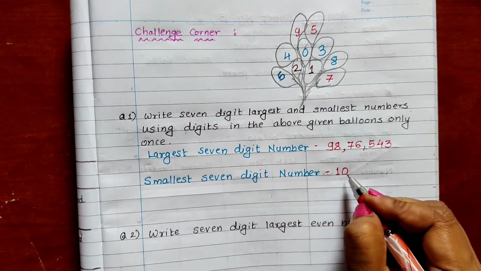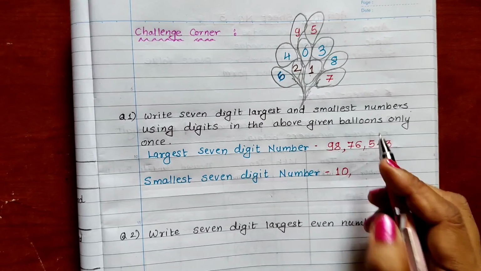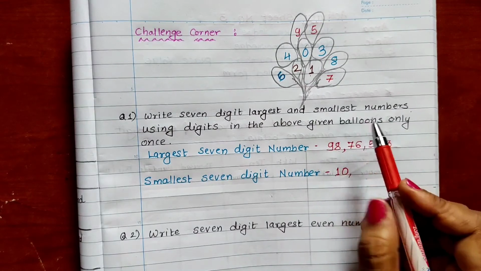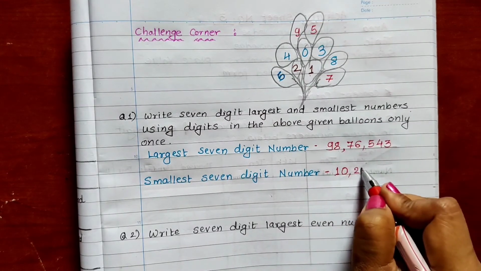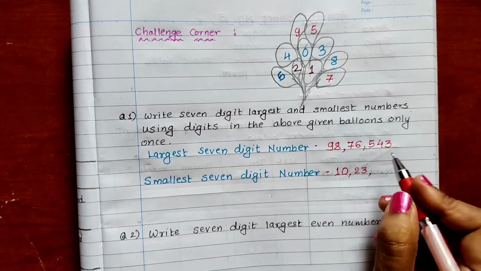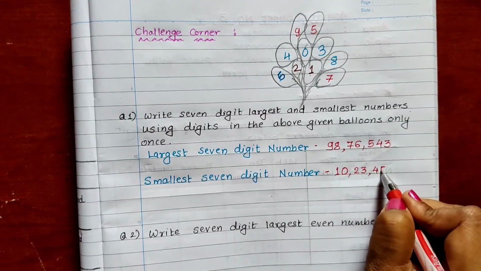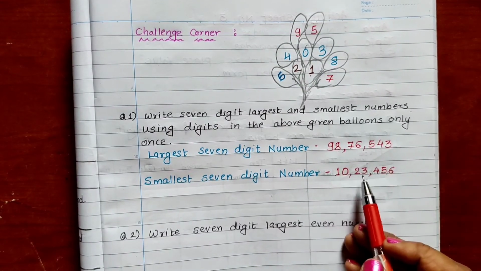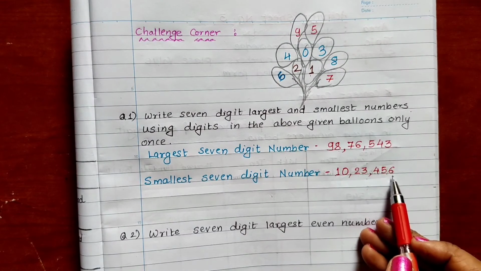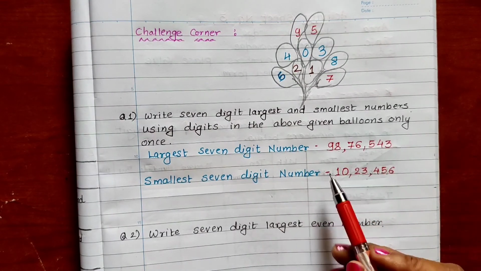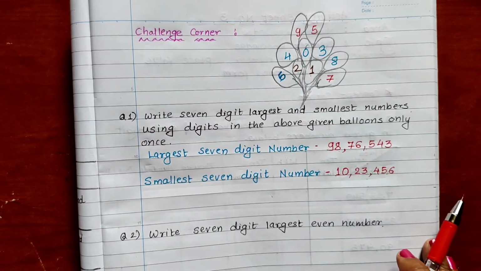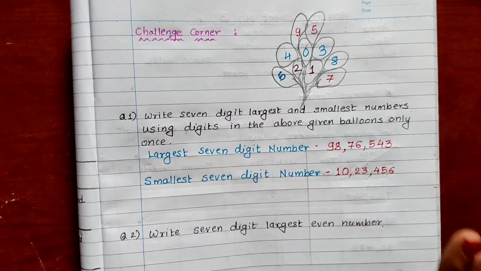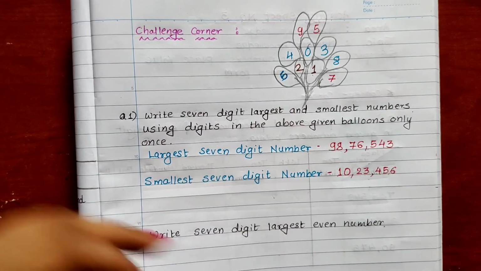Okay. So it is 10. Now after 1 and 0, the bigger number is 2, then 3 and then 4, 5, 6. So 10,23,456 is the smallest 7-digit number from these balloons. In this way you can write the largest and smallest 7-digit number.